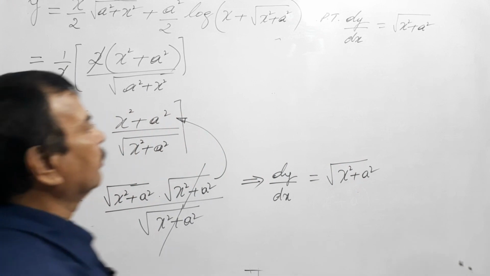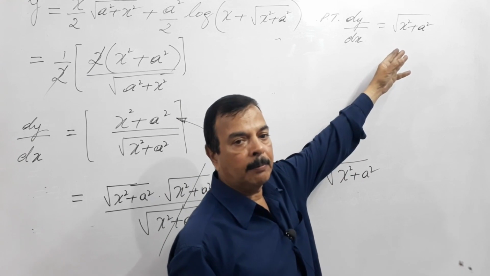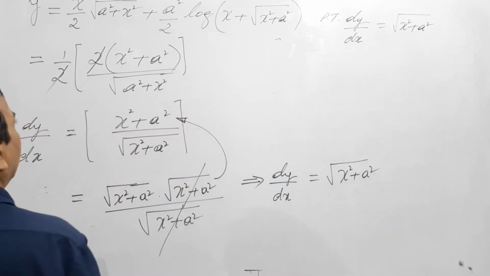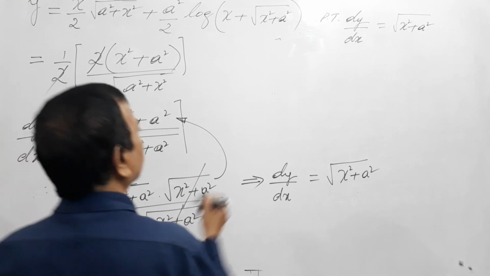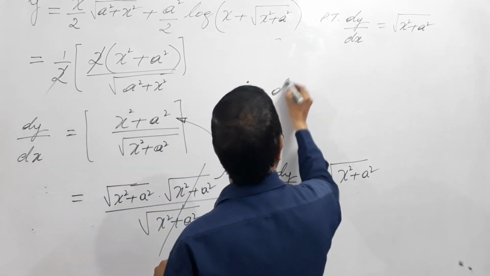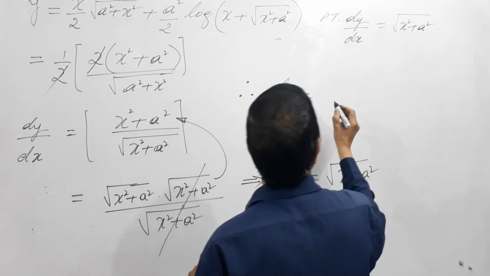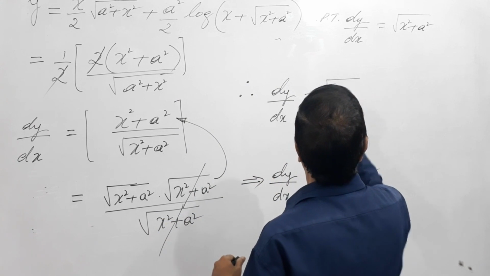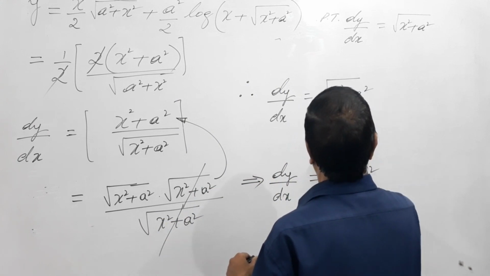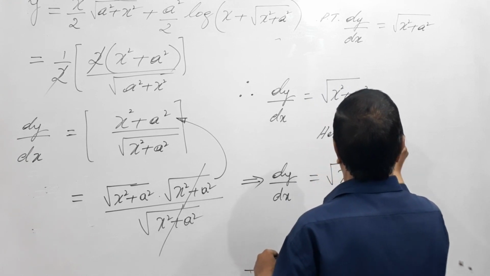So what we want is dy by dx equals to under the root x square plus a square. We have got it. Therefore, dy by dx equals to under the root x square plus a square, which is hence proved.